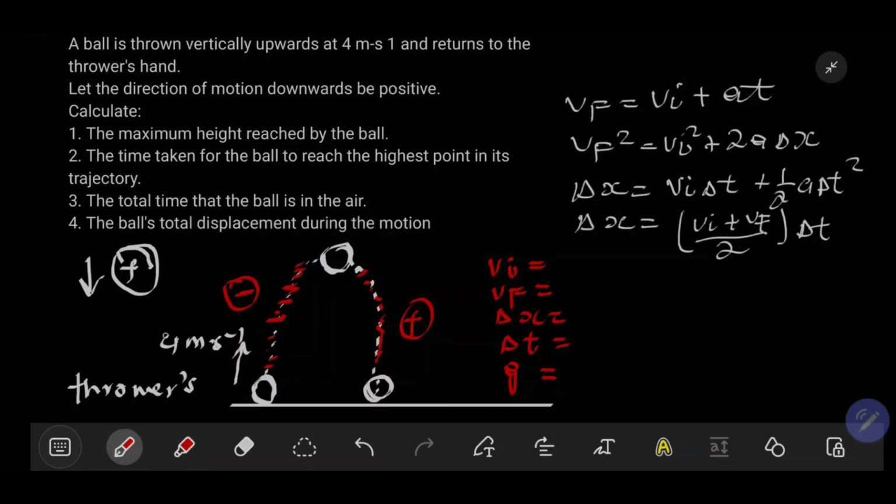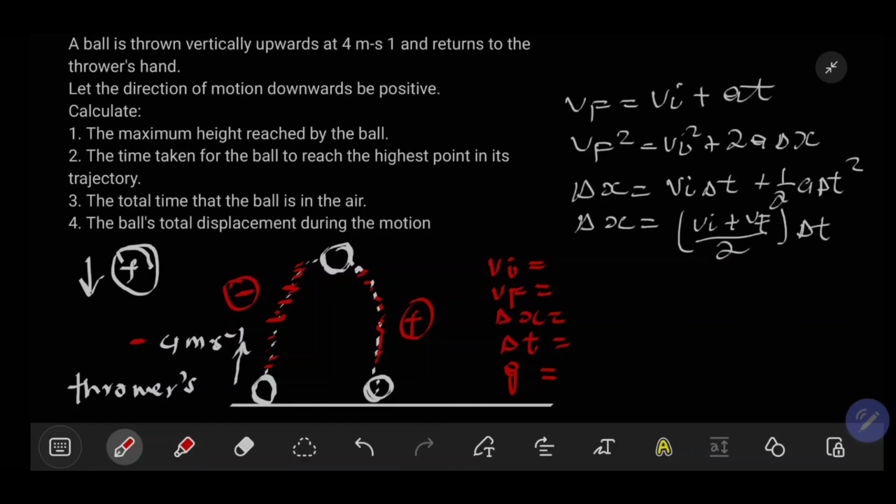So if the ball is going up, the velocity should be negative to take the direction of motion. So the ball was thrown at a velocity of negative 4 meters per second. Then it will reach the maximum height and then come back to the thrower's hand. So they want us to calculate the maximum height reached by the ball.